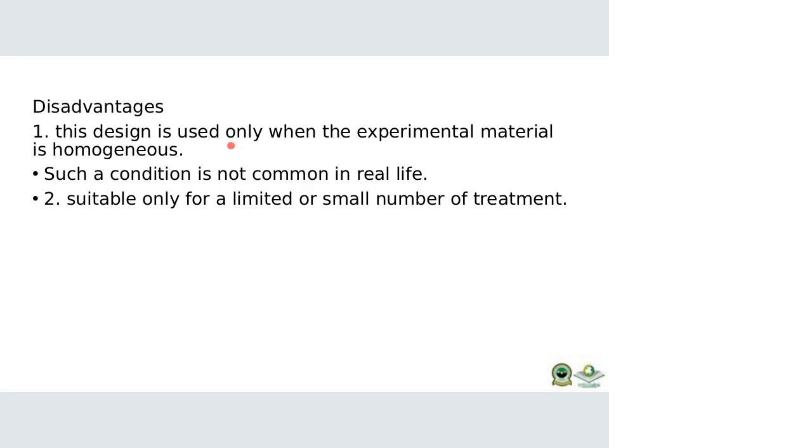You may not find such a condition in science. It is a very bogus assumption, which may not be real. Such a condition is not common in real life, but we need to assume it so that we make progress.